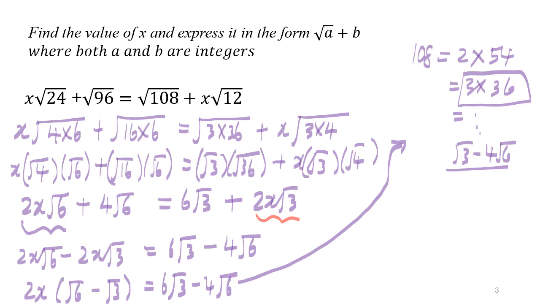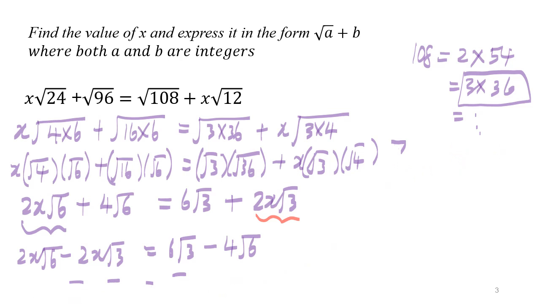So I should just factorize x and not 2x. Okay, so I factorize x out. I'm left with 2 square root 6 minus 2 square root 3. Right, continue in the next slide.